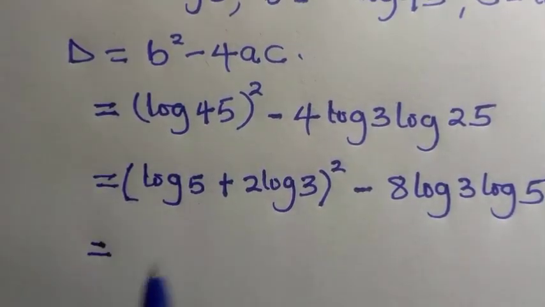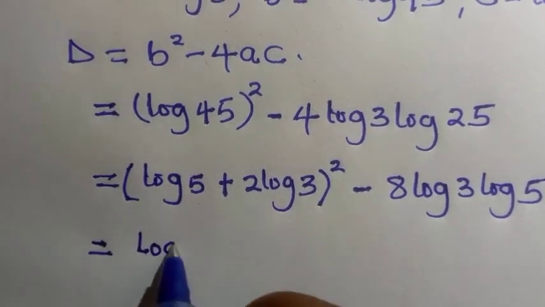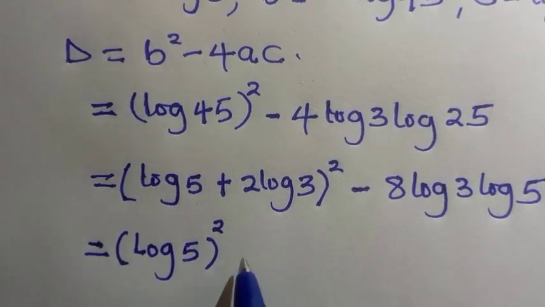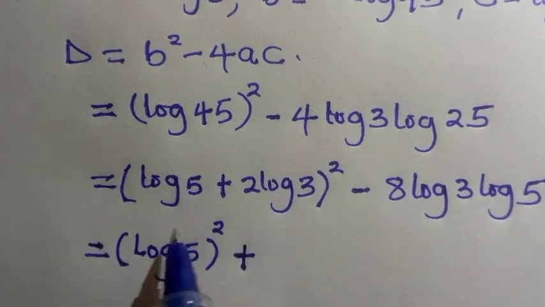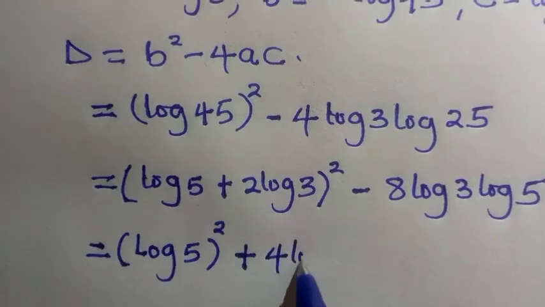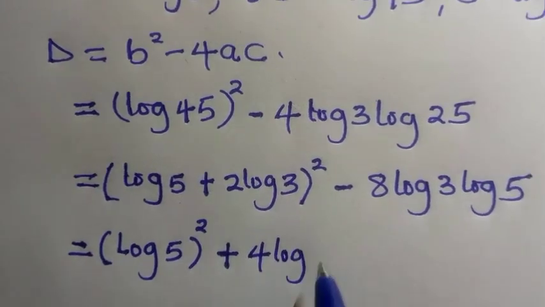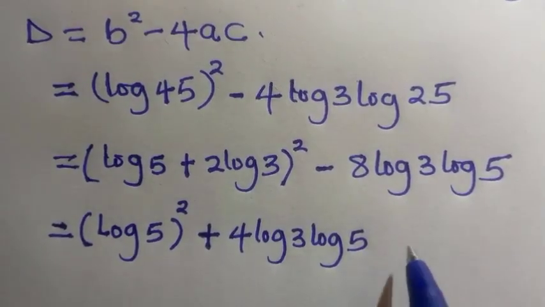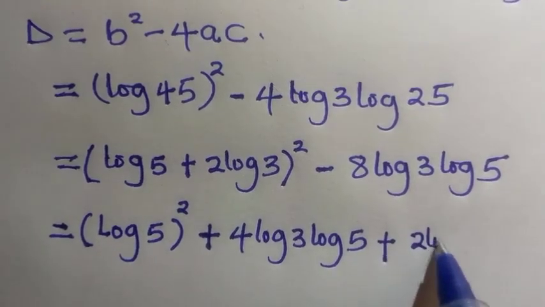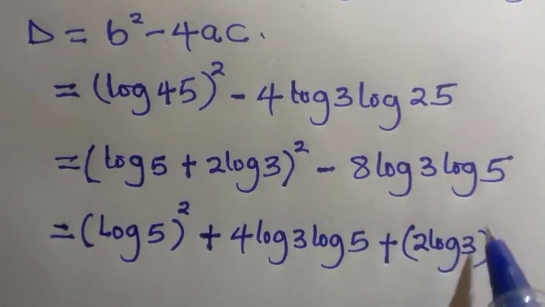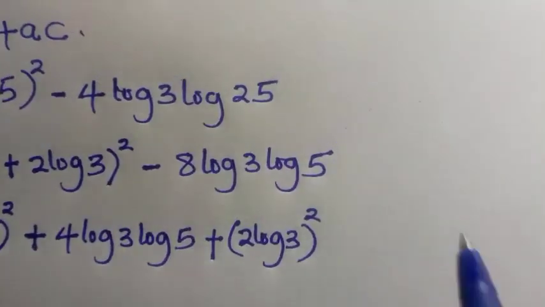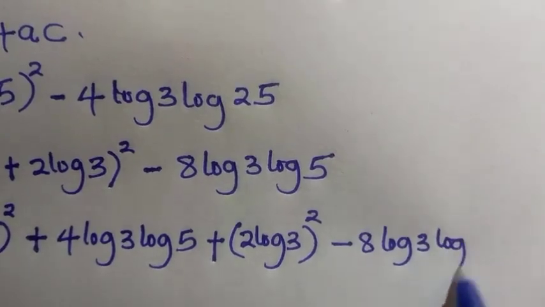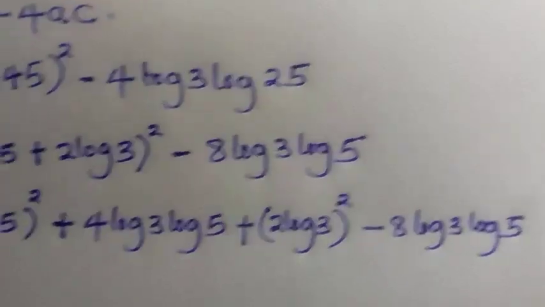When we expand the parentheses, what we have is log 5 squared, plus 4 log 3 log 5, and finally plus 2 log 3 all squared, which is only for what's in the square, while the last one is minus 8 log 3 log 5.